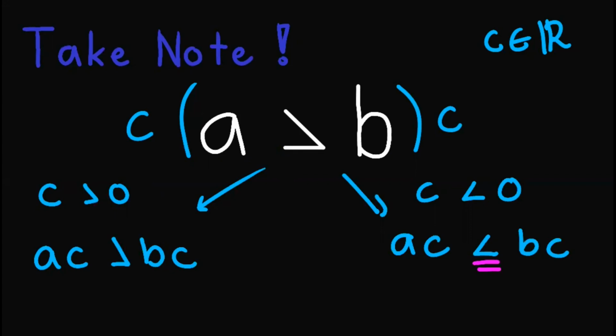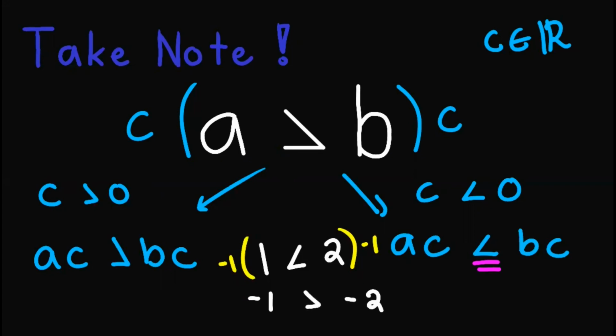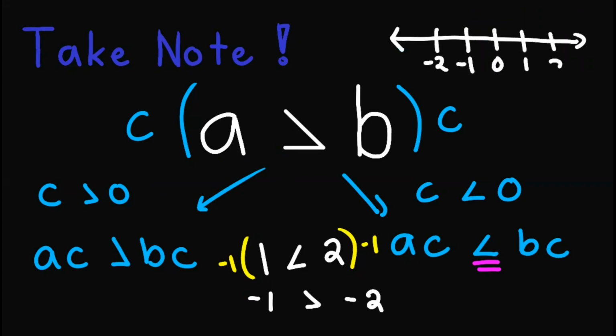And why is that? Well, if we have, say, 1, and we know that 1 is less than 2, if we multiply both by negative 1, then we'll obtain negative 1 on the left and negative 2 on the right. And clearly, negative 1 is already larger than negative 2. If we have a number line out here, this one is 0, these are the negative values, positive values.